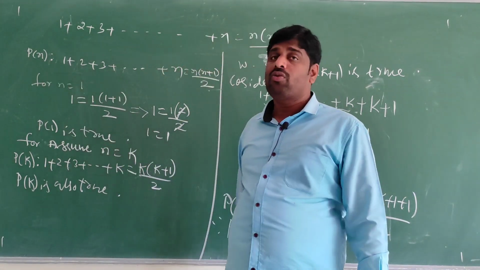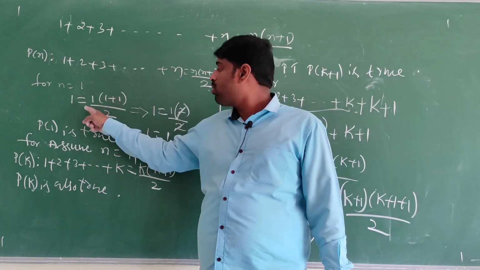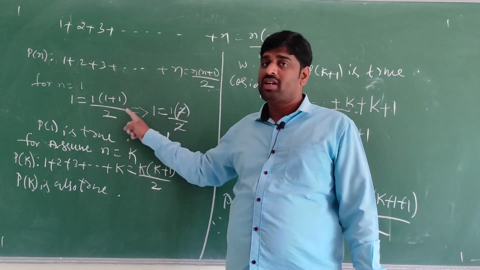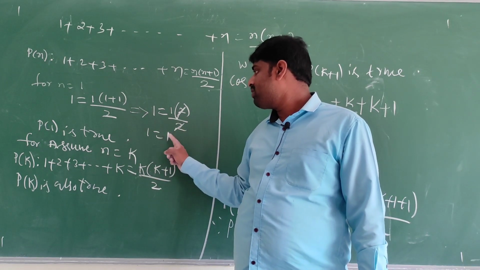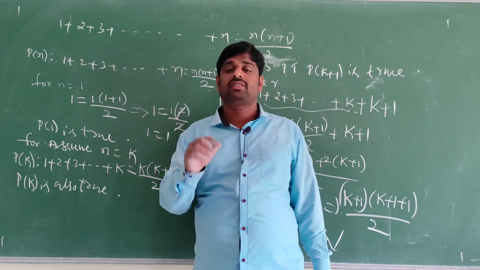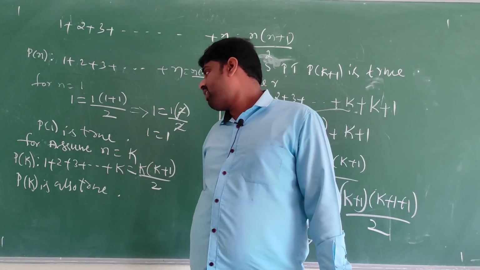For n equal to 1, LHS and RHS: 1 into 1 plus 1 divided by 2, 1 is equal to 2 by 2, 2 cancels, 1 is equal to 1. P of 1 is true. Assume that n is equal to k.